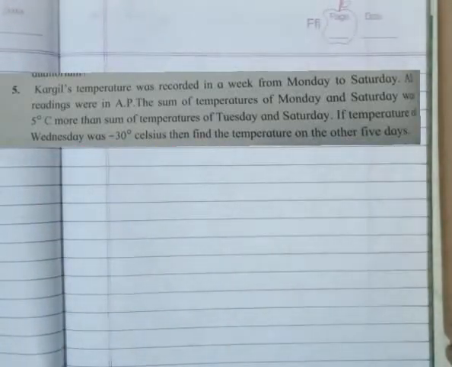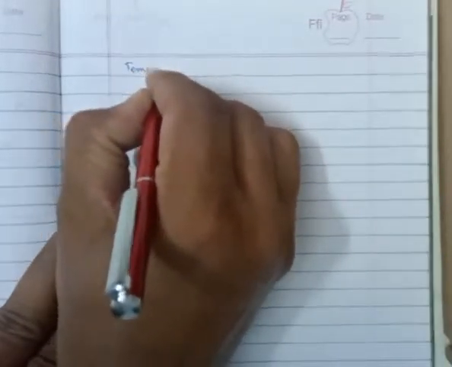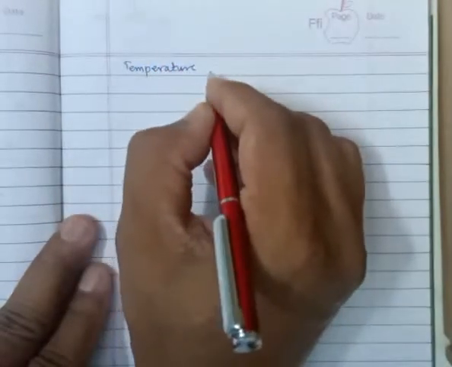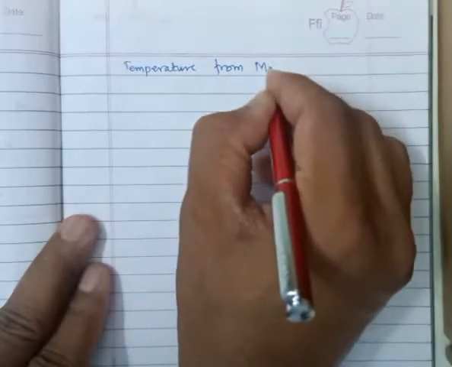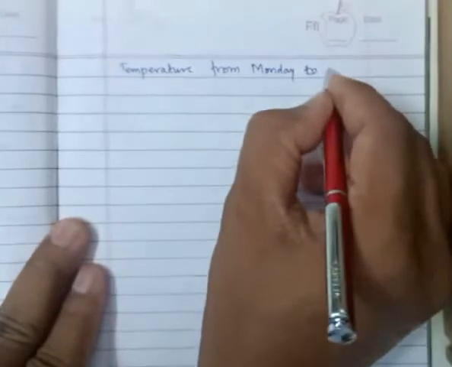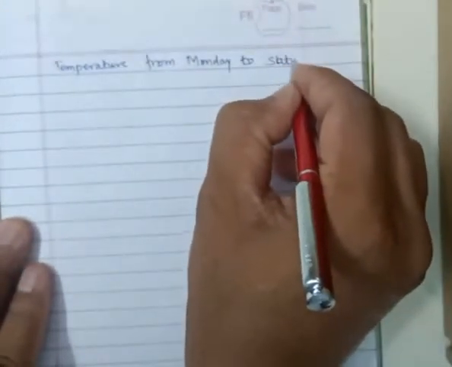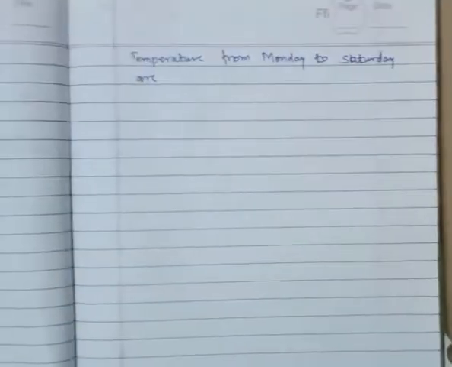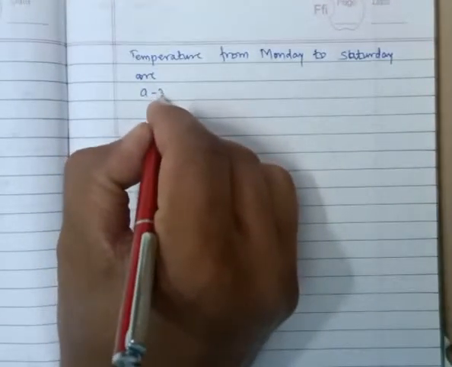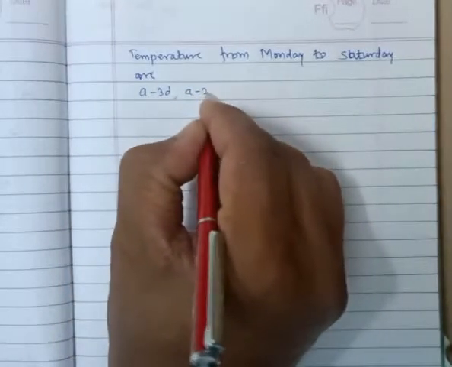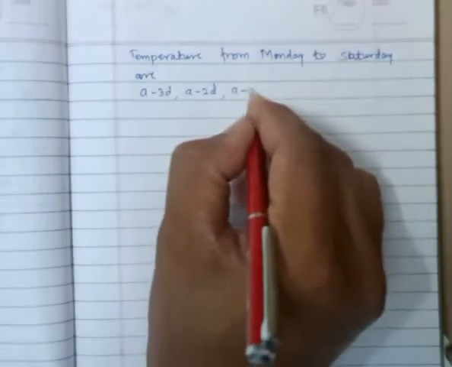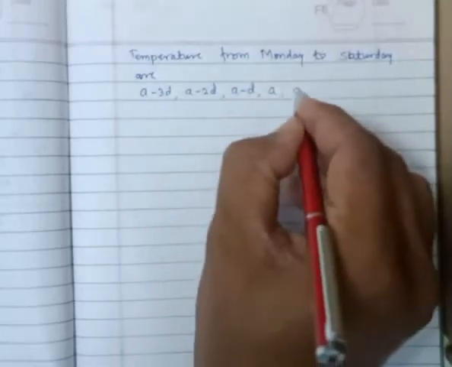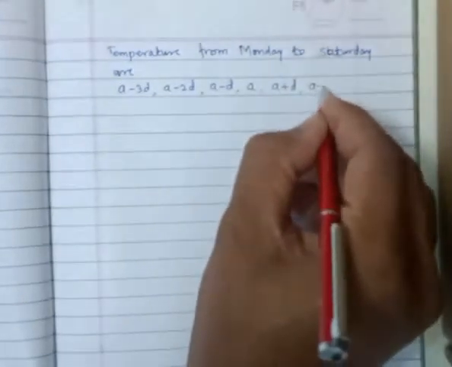Therefore, the total number of days is 6, so we take the temperatures from Monday to Saturday as A minus 3D, A minus 2D, A minus D, A, A plus D, A plus 2D.